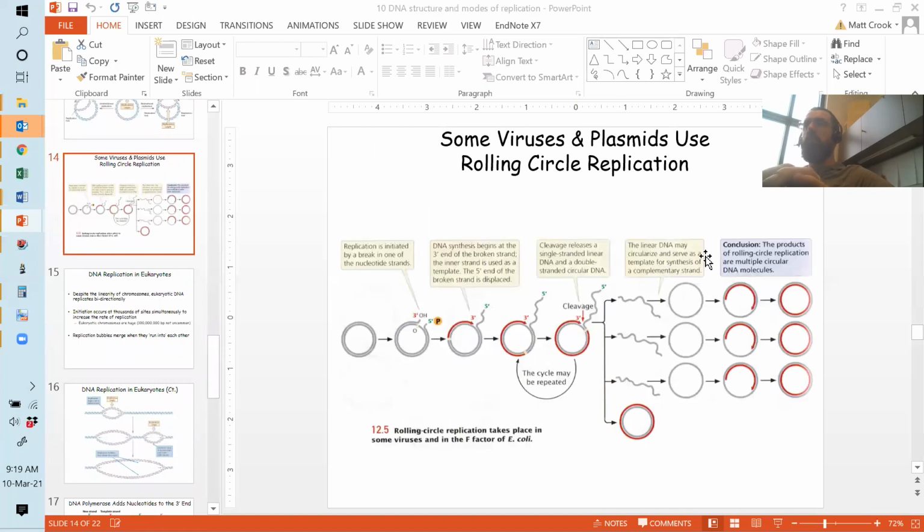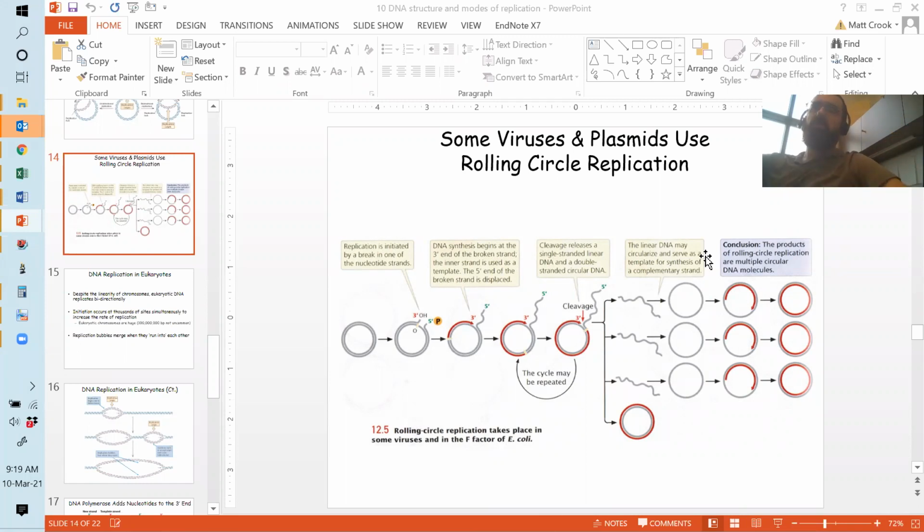So this is called rolling circle replication. And the deal behind this is that it's very fast, right? And you can generate lots of copies of this DNA very, very quickly, right? So if you want to share it, for example, between bacteria, you need to make a lot of it so that you can give it to your buddies, basically, right?